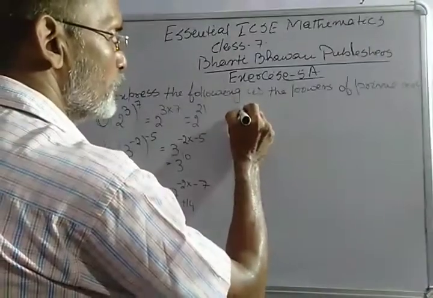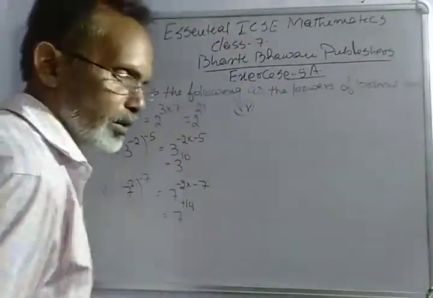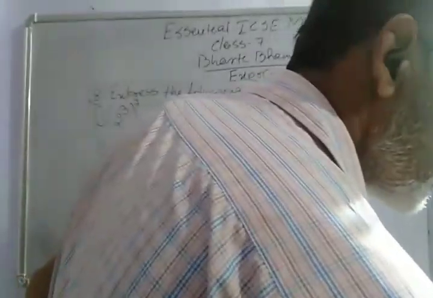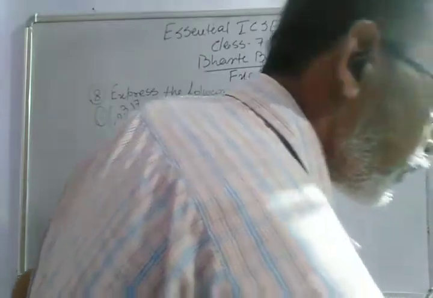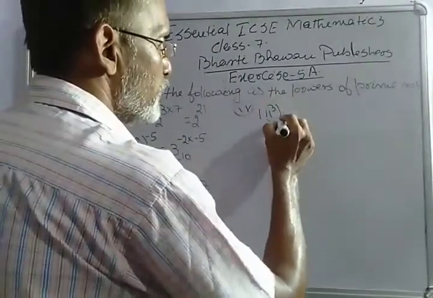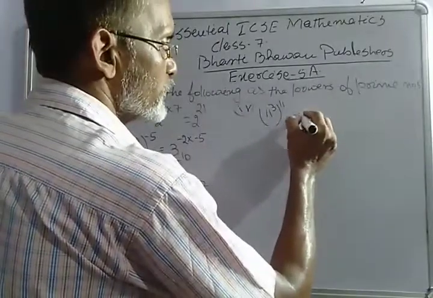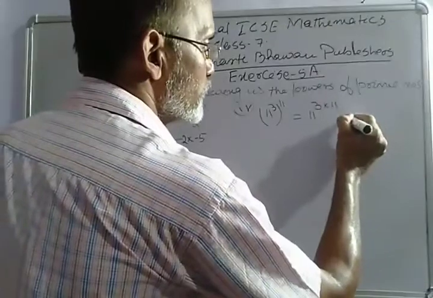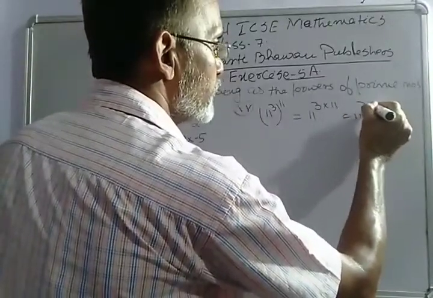Number 4: 11 to the power 3, whole to the power 11. So this is equal to 11 to the power 3 into 11. This is equal to 11 to the power 33.